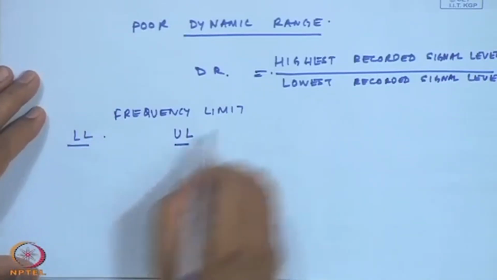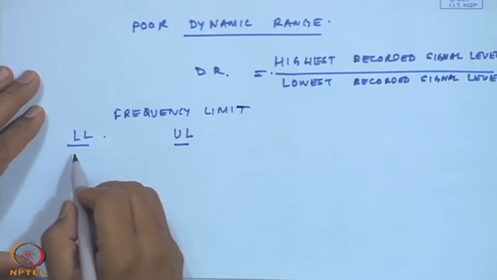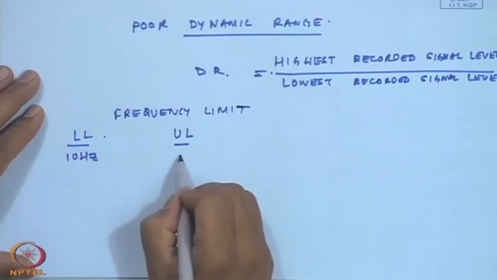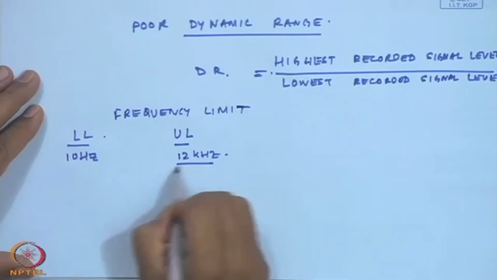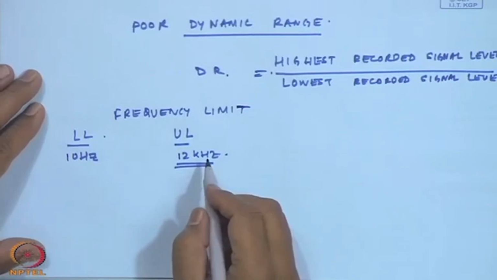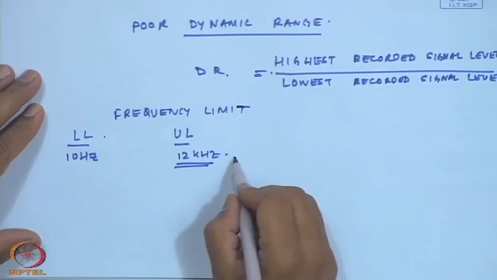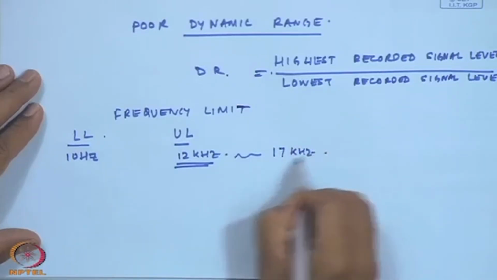And traditionally these magnetic tapes had a very low upper limit, could be as low as 10 hertz and maybe as high as maybe 12 kilohertz, so on. And this later on improved with the type of tapes, there were metal tapes, chromium tapes, etc., wherein this could go up to maybe 17 kilohertz.